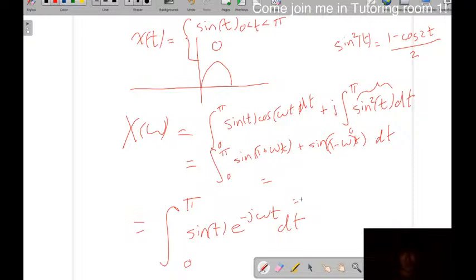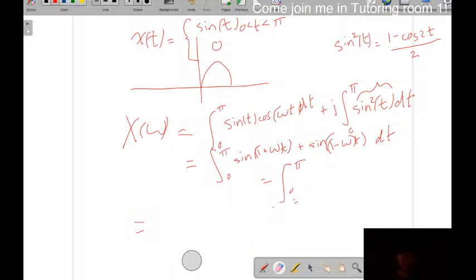So we get the integral from 0 to pi of sine (1 plus omega) t dt, plus this other integral of sine (1 minus omega) t dt, plus the integral of 1/2 dt from 0 to pi. Let me clean up a bit. I'm going to switch back to OneNote after this.